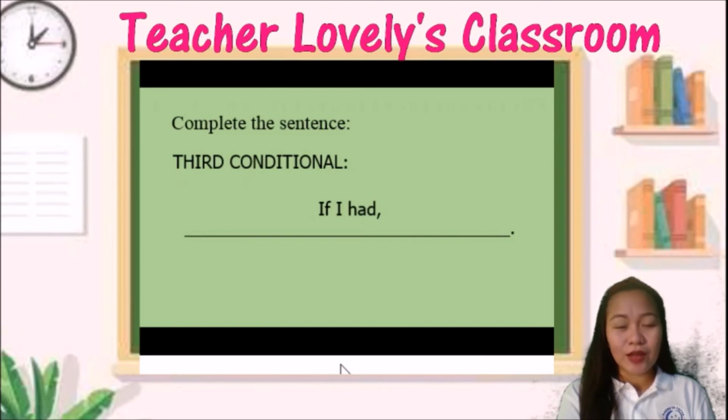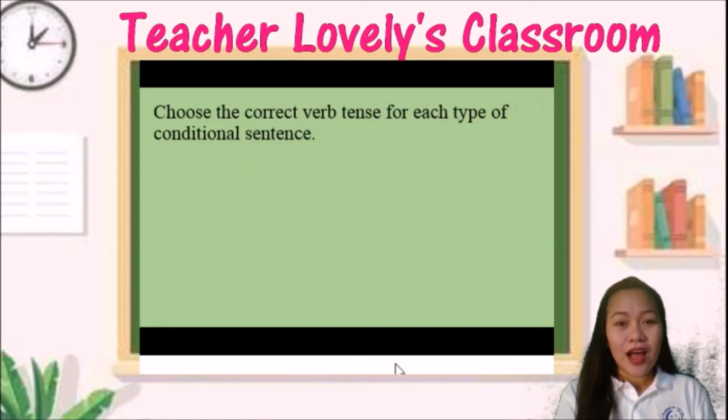It seems that you gained enough knowledge about the different conditional sentences. Now, let's have some more practice. Are you ready? Yes, of course. I want you to choose the correct verb tense for each type of conditional sentence.